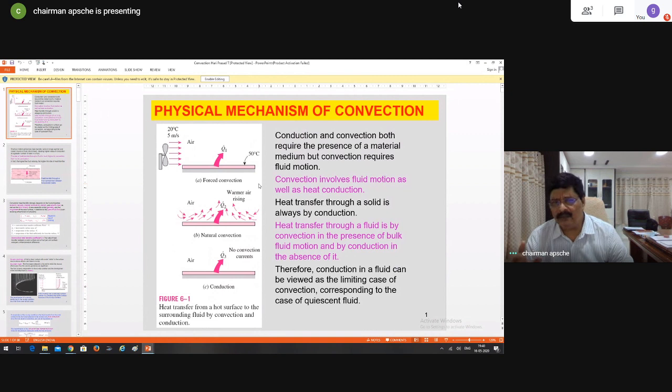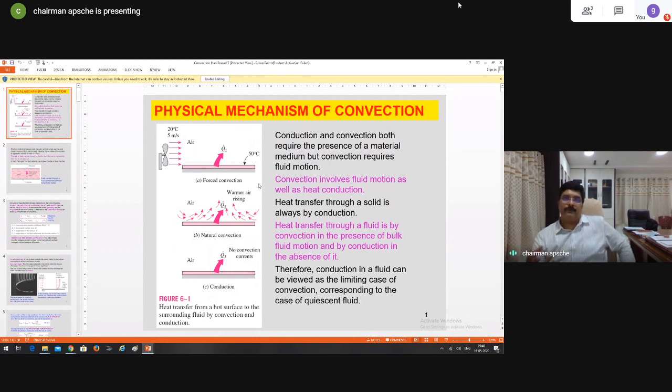Now, the mechanism of convection heat transfer. I said convection heat transfer is all about advection, or the bulk motion of the molecules. The fluid particles necessarily should go to the hot spot, pick up the heat, and go to the low temperature zone. So a continuous current of this shall be ensured.